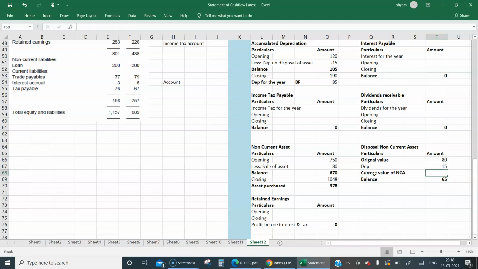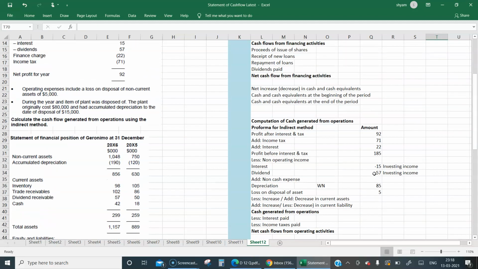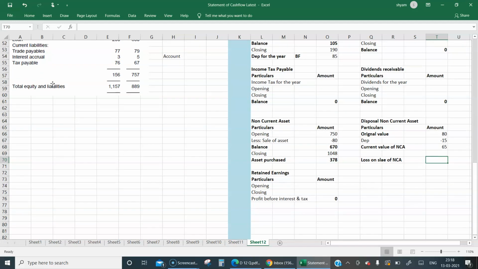The current value of the NCA is 65, and the loss on sale of NCA, that amount they tell as 5. So at what rate have they sold? It's really worth 65, but it has a loss of 5.